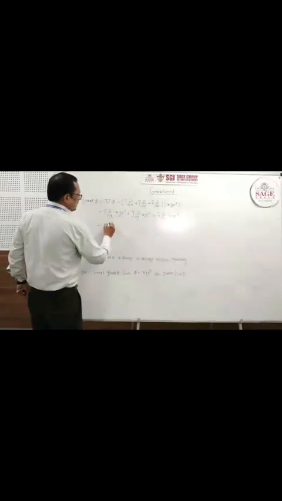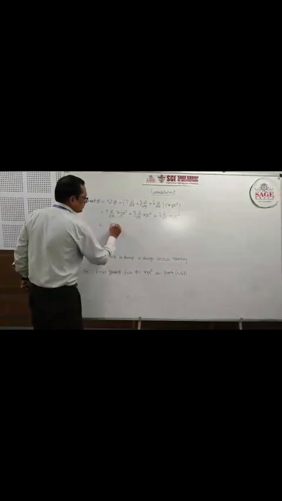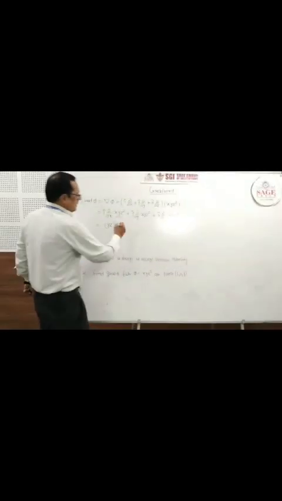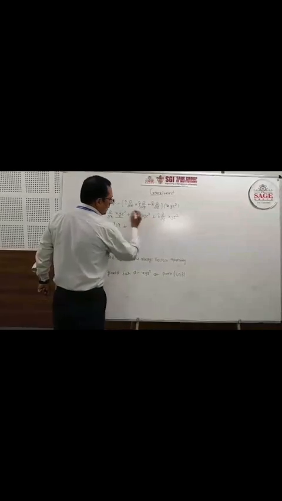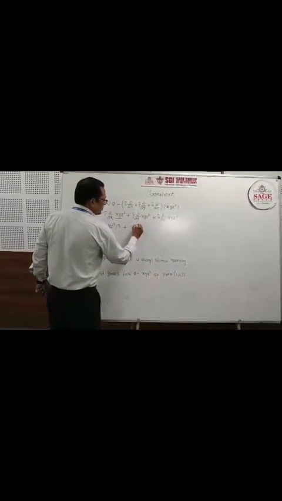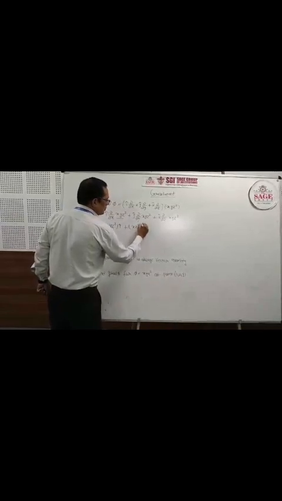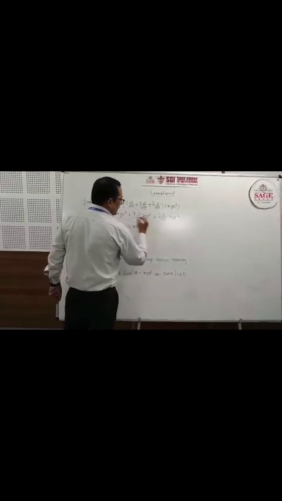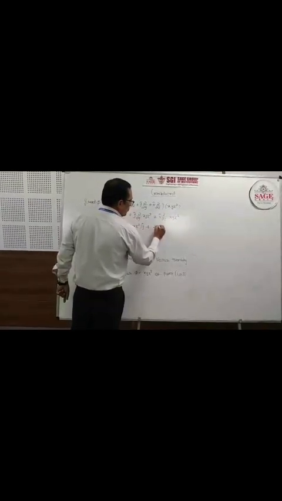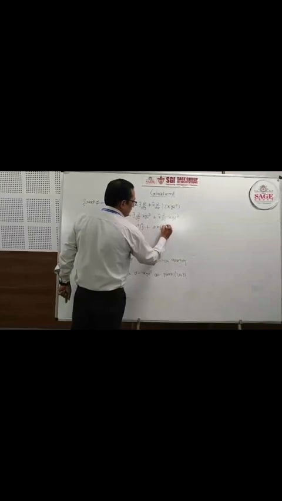So we get y z square into i, since the derivative of x with respect to x is 1. Then the derivative with respect to y is x z square into j, and the derivative with respect to z is 2xyz k.